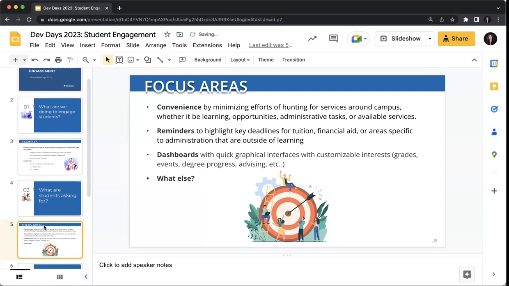Maybe students are asking for more reminders or improved notifications. Or maybe there are areas where students are asking for more dashboards, more customizations, easy access to things where they don't have to dig around or just be presented with links. So in this group, are there areas that you hear of most that students are looking for?